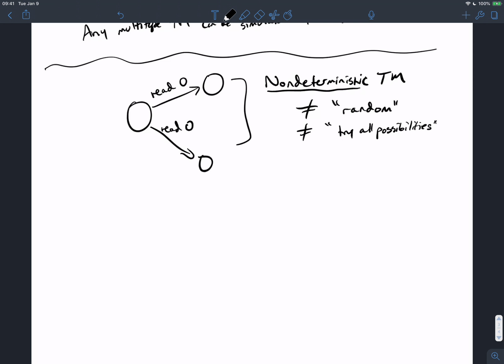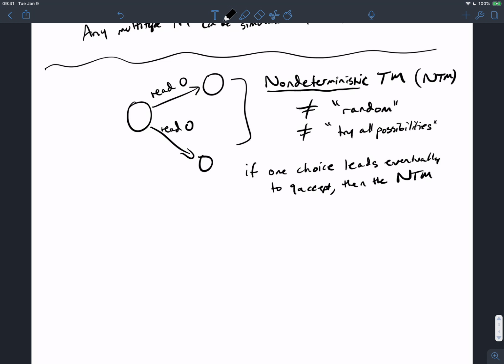The formal way of saying what a non-deterministic machine is: if one of these choices leads eventually to Q accept, then the non-deterministic Turing machine, which I'll abbreviate NTM, will make such a choice.